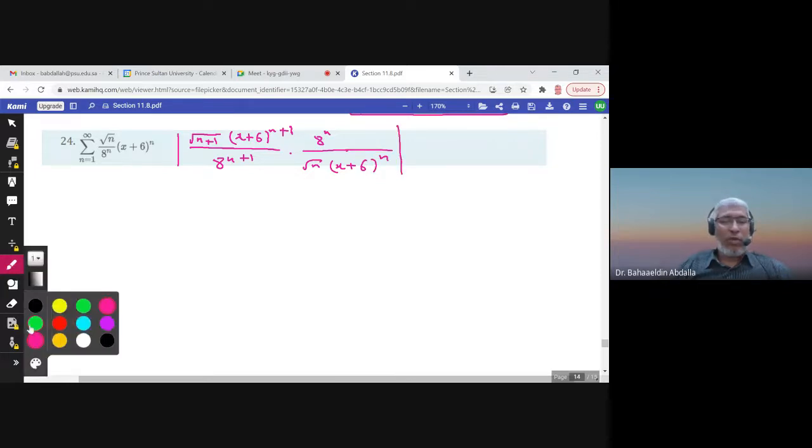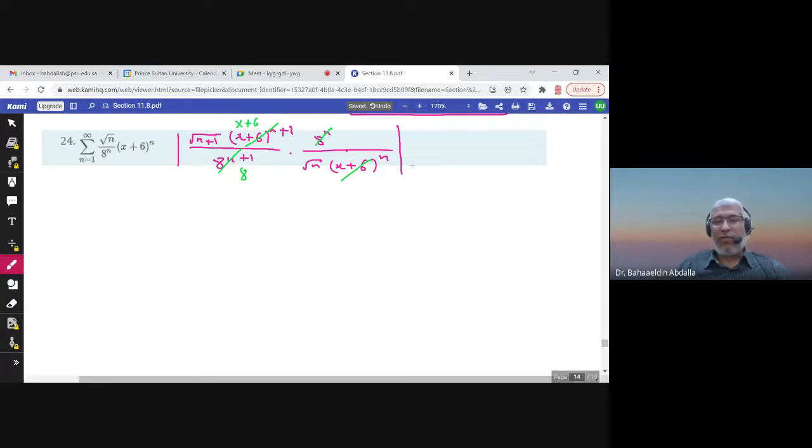Then we look for cancellations. And then we write what is left, making sure that if the number is positive, we can take it out of the absolute value, like this number, and like 8. But x plus 6 could be positive or negative, so we have to keep the absolute value.